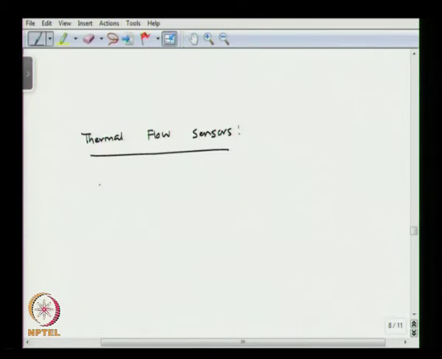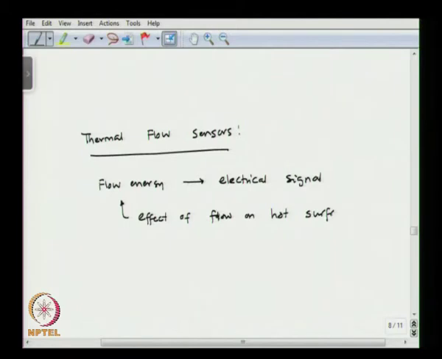So, here basically the flow energy is converted into an electrical signal, and it considers the effect of flow on hot surfaces.